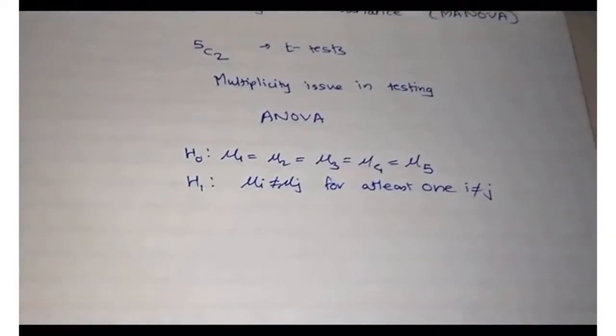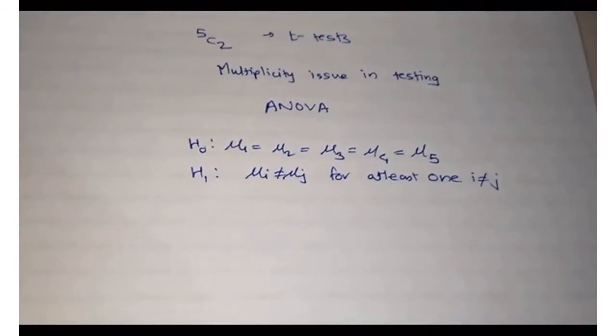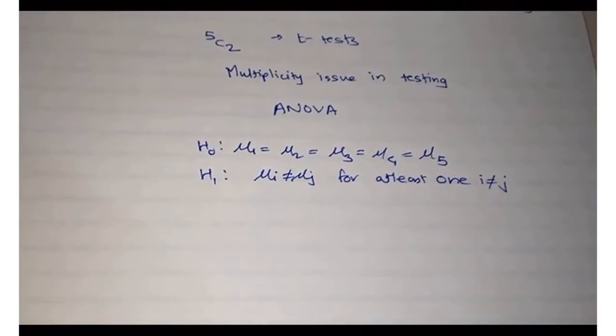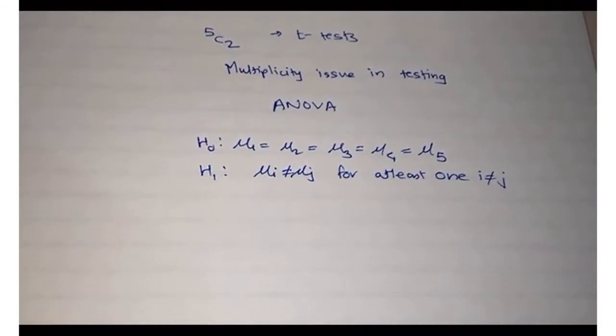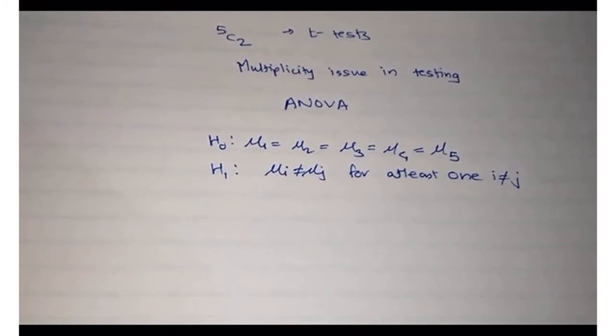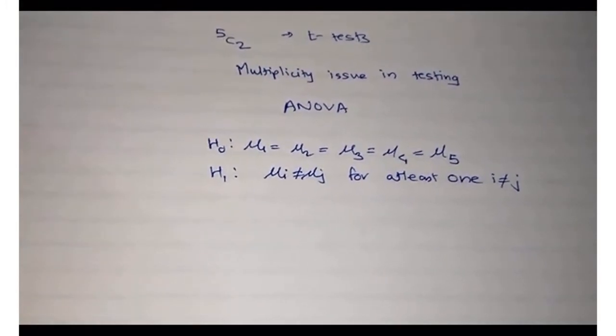So remember, ANOVA doesn't say that if H0 is rejected, then every population has a different mean. It does not say that. What it says is at least one population has a mean which is significantly different than the other populations.